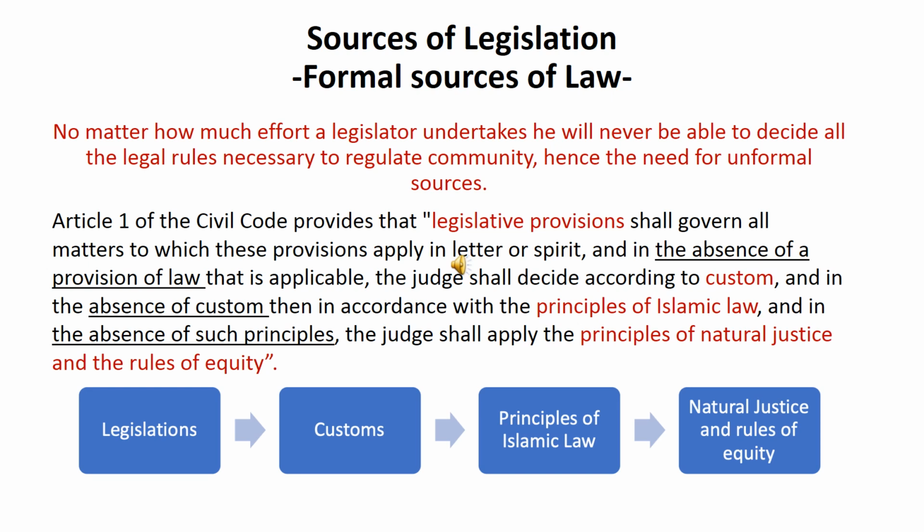If he still couldn't find the solution in the customs, then he is going to refer to the principles of Islamic law. If he still didn't find the solution, he might refer to the natural justice and rules of equity, which are somehow vague norms.